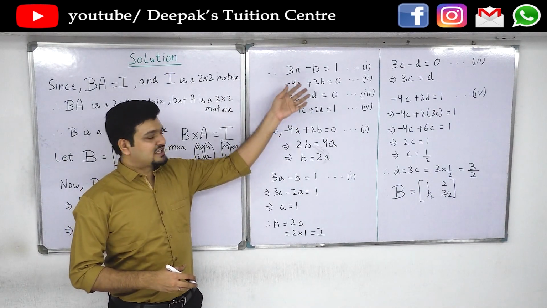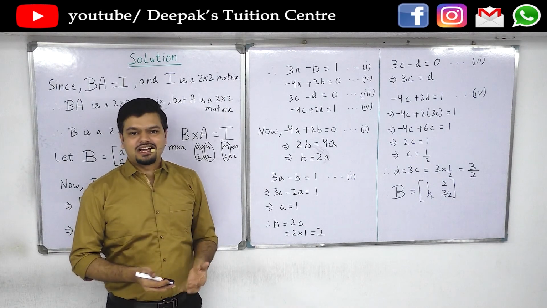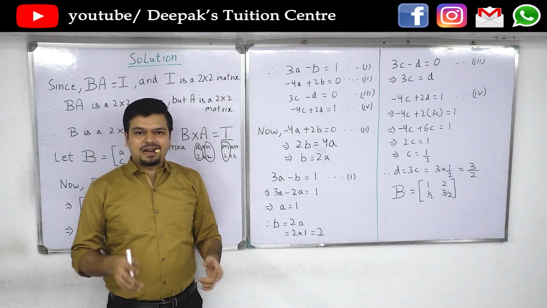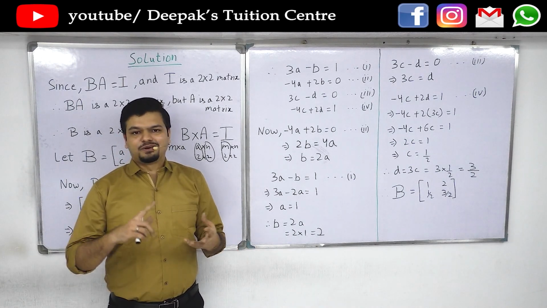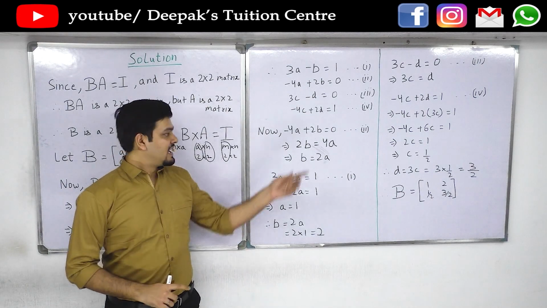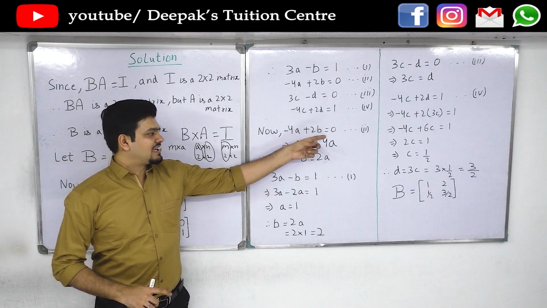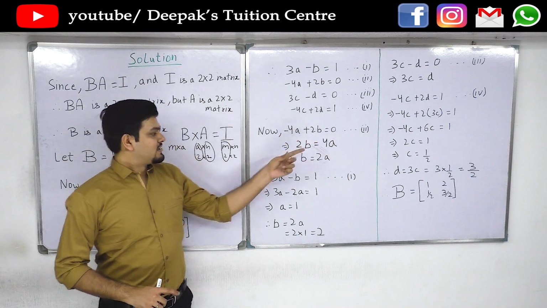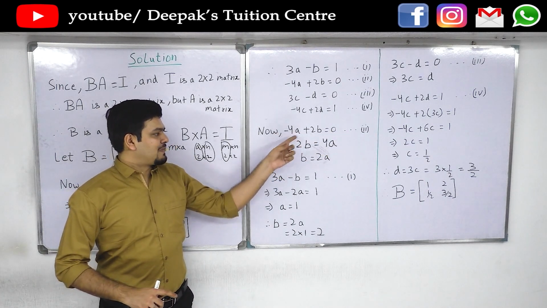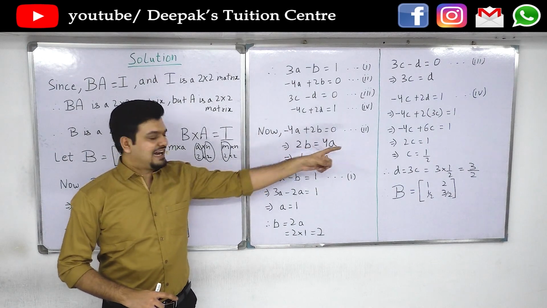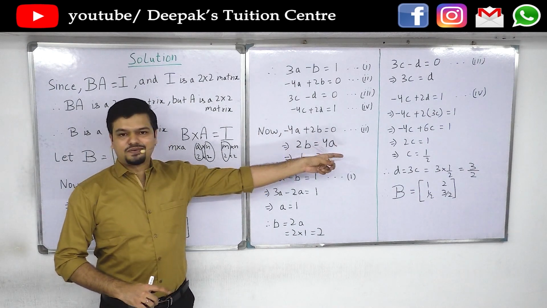Now, to solve the first 2 equations, I have used substitution. You can use any of the methods that you like, that is elimination, substitution or cross multiplication. Looking at the second equation, minus 4A plus 2B equals 0, if I transpose minus 4A to the right hand side, I get 2B equals 4A.